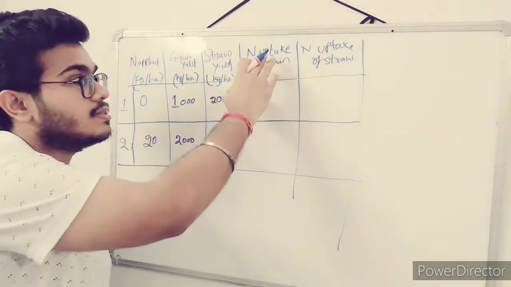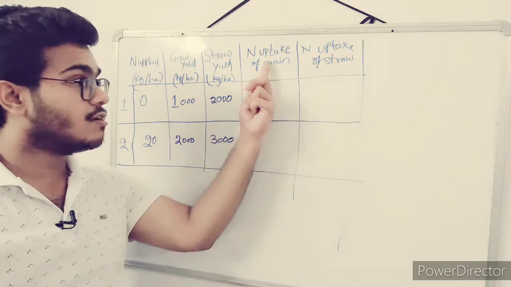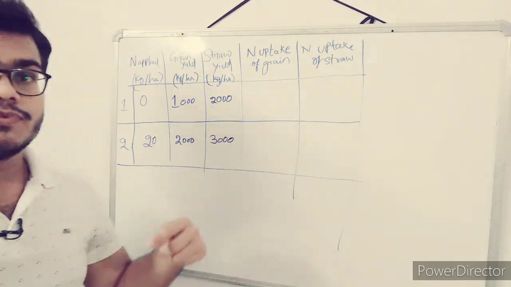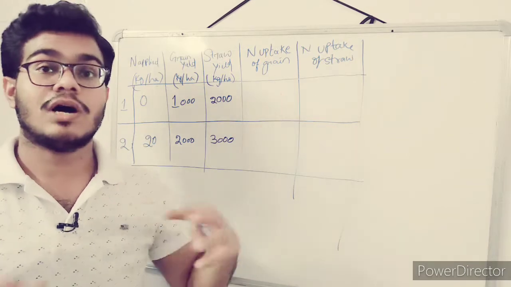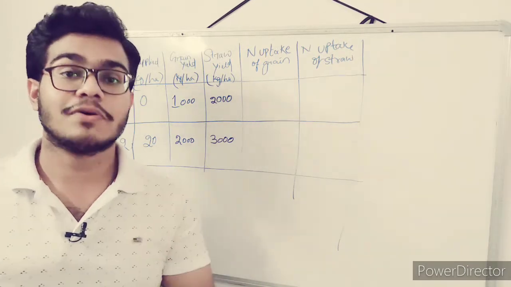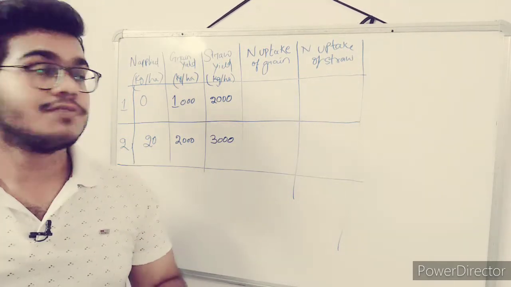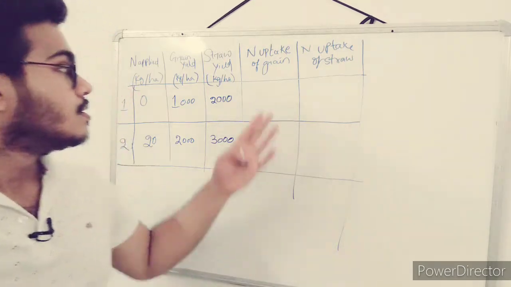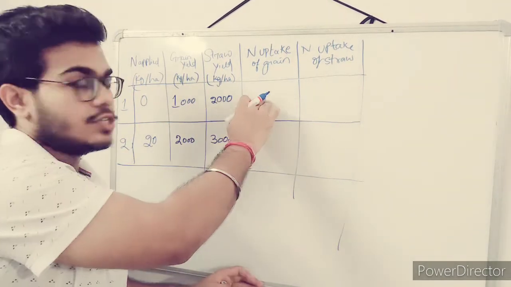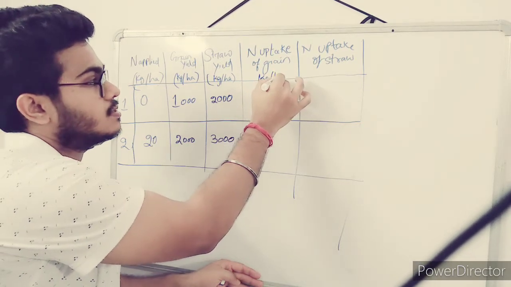When you calculate the nitrogen uptake of the grain using certain formulas, for nitrogen uptake you can go to the 55th video on my channel, where we have calculated the nitrogen uptake. You can learn how to calculate the nitrogen uptake of grain and straw from that video, so please watch it. The units will also be kg per hectare.